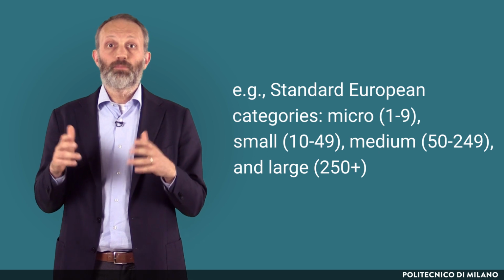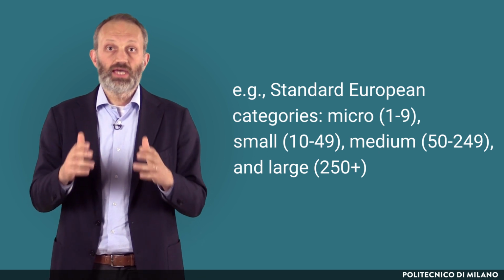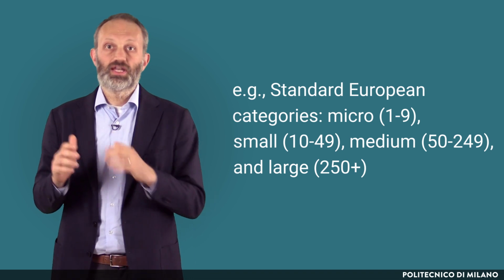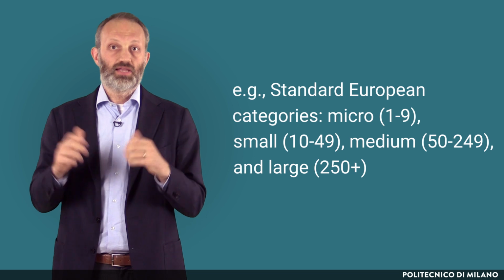For example, instead of asking for the exact number of employees, we can provide the standard European categories: micro from 1 to 9, small from 10 to 49, medium from 50 to 249, and large. But in doing so, we lose some information, and therefore the possibility to conduct certain types of analysis afterwards.